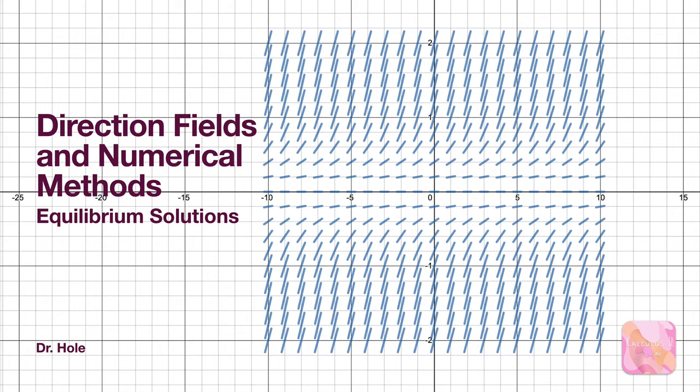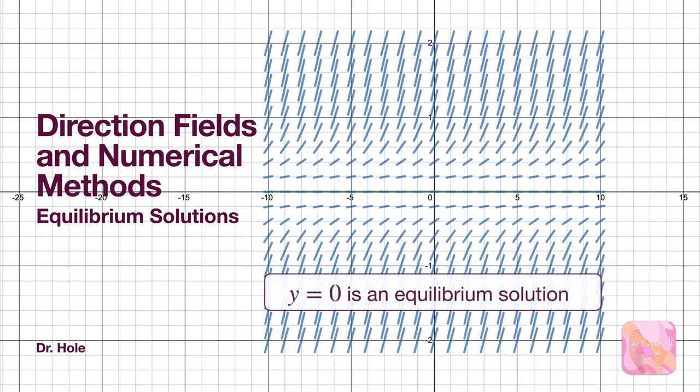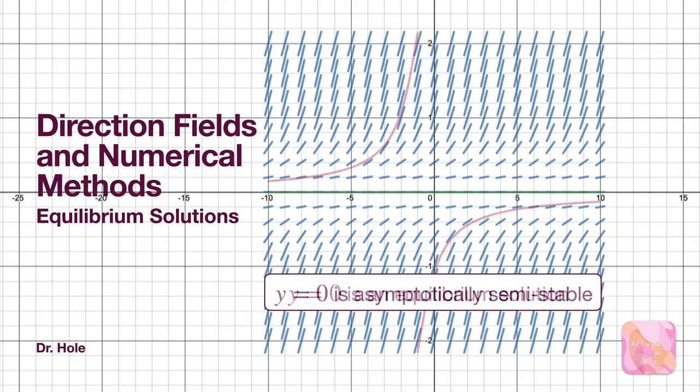Let's look at another direction field. In this direction field, there seems to be only one equilibrium solution, the equilibrium solution y equal 0. Consider solution curves with an initial condition, initial output negative: that produces a solution curve which is asymptotic with the equilibrium solution.